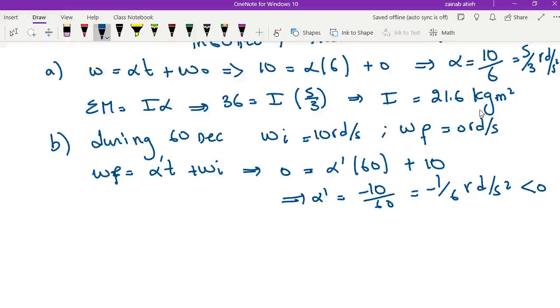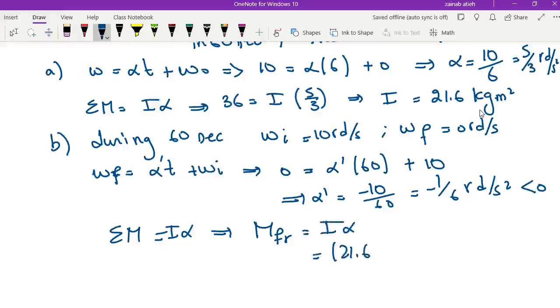Now I have everything. Now I can apply Newton's second law. Sum of moments equals I alpha. We have nothing left but friction. So the moment of friction is equal to I alpha, and I is the same, it didn't change. It's 21.6, and I depends on the axis, which is still the center of the wheel we were talking about. Times alpha prime, for sure, because I'm searching for the moment.